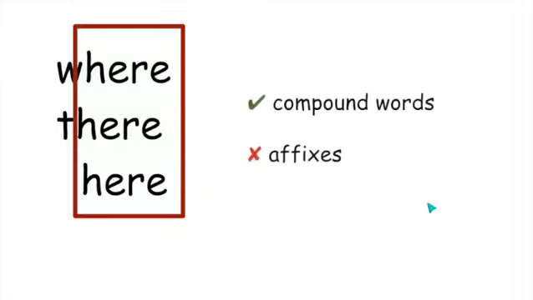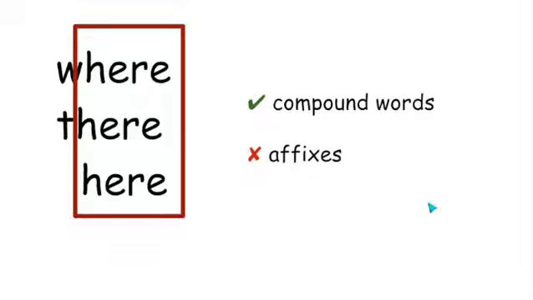I'm going to share with you something else that's really cool about these three words. All of these three words can build compound words. They might not be compound words that you're familiar with. Remember, a compound word is when two base words come together to form a new word. So the word whereas is an example of a compound word.